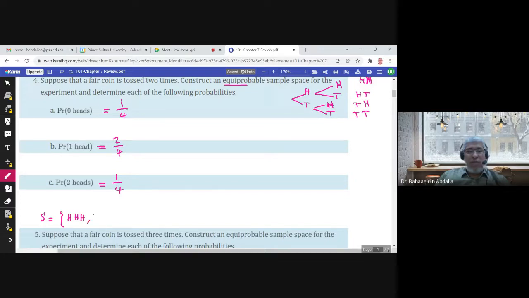The first time I add H and the second time I add T. The second outcome here is HT, so I write HT twice. Once with H and once with T. And TH, write it twice, add H and add T. And TT is the last choice, TTH, TTT.